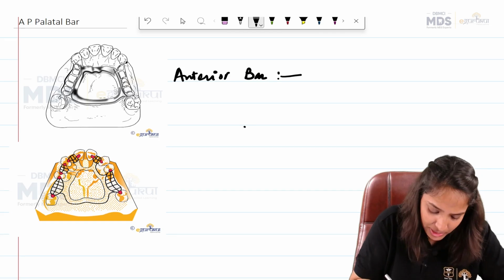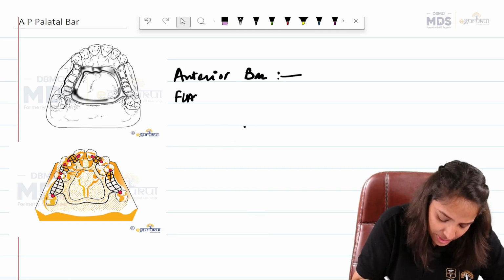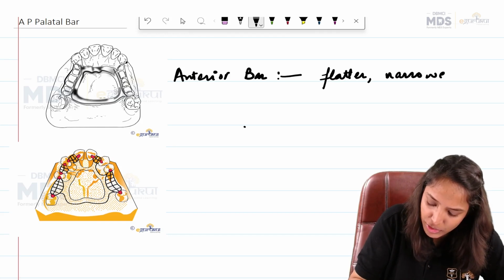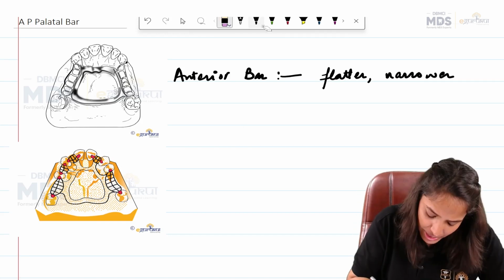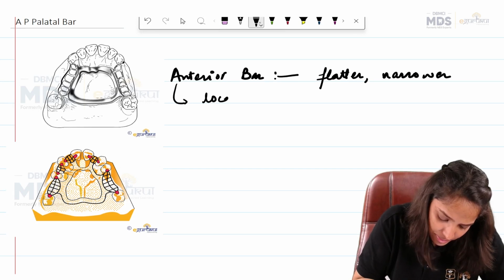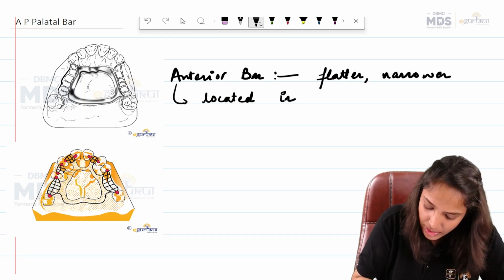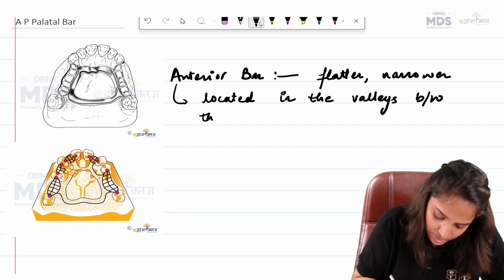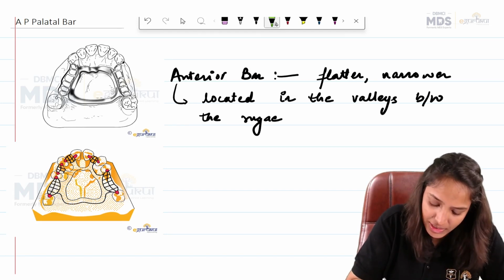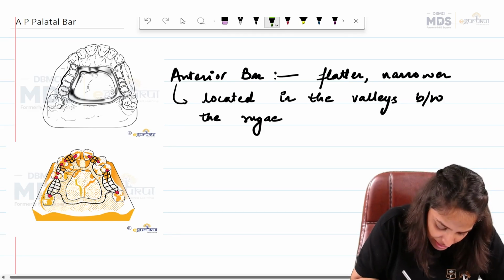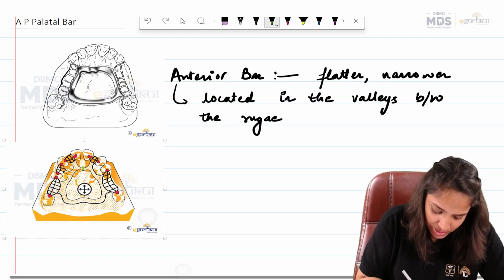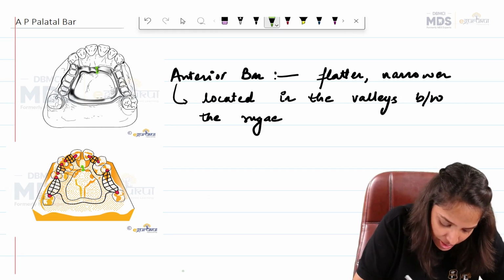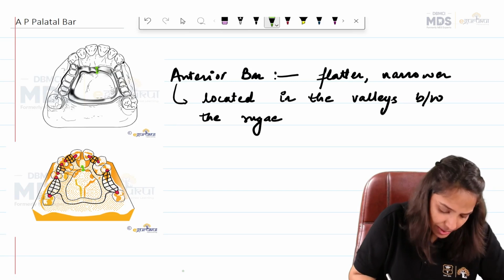Now anterior bar is slightly flatter and narrower in comparison to the posterior bar, and it is located in the valleys between the rugae. Let us identify that in the image over here. You can see that this is your anterior bar, narrower than your posterior bar. Again, it is located in the valleys between your rugae.